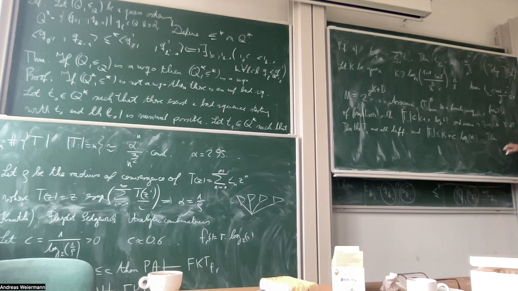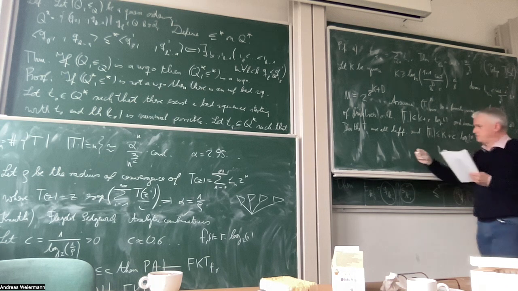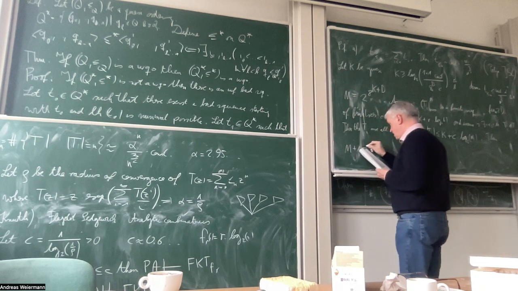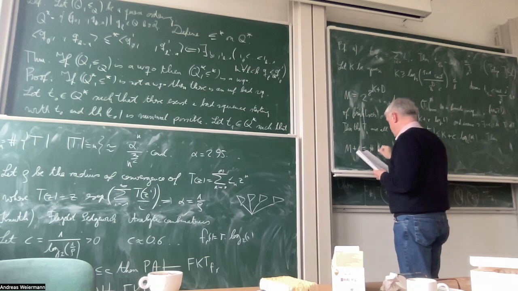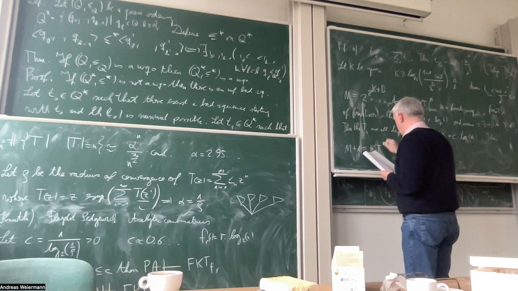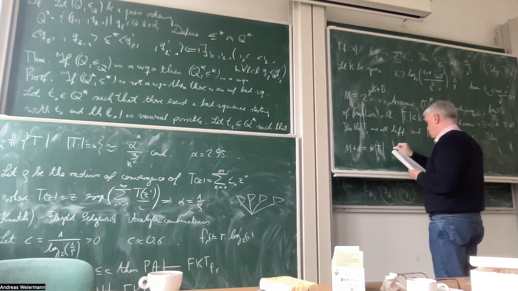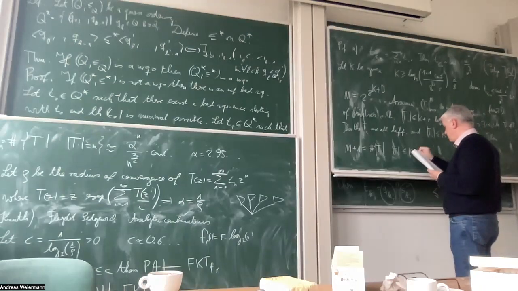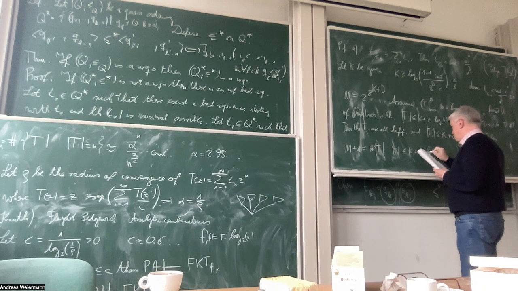And then what? Now I get here a sequence of length m plus 1. So m plus 1 is less than or equal to the number of trees T such that the number of nodes in T is bounded by k plus c times binary log of n.